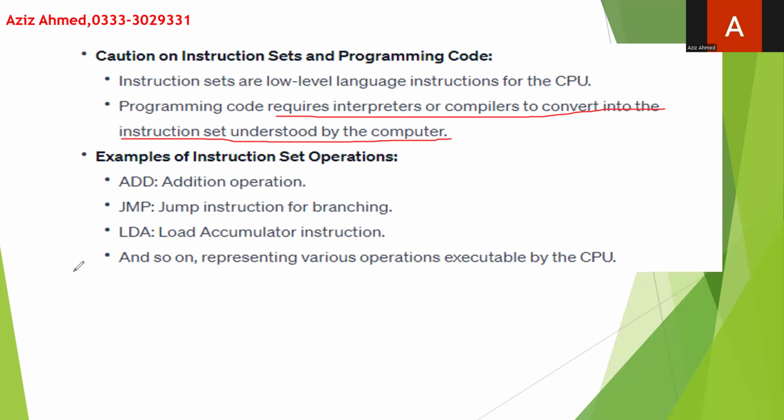Basically, these are translators. Languages like Python and Java could not run their program directly; they need an interpreter or compiler. These two translators work with high level languages like Python, Java, Visual Basic, C, C++.